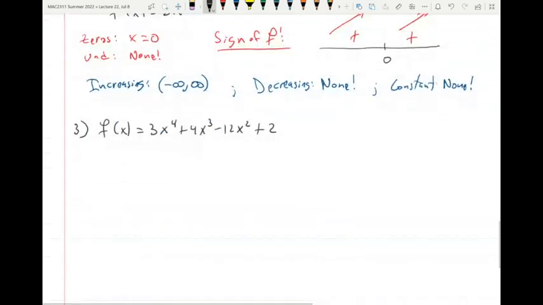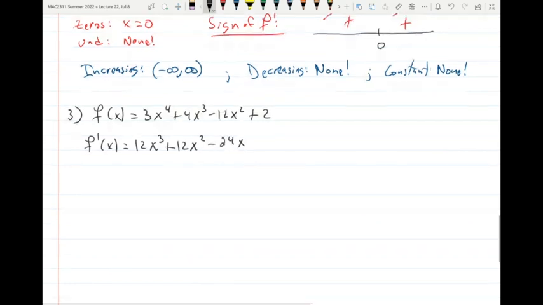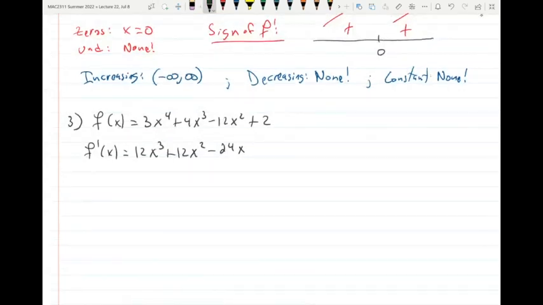Okay, so again, what we need to do is find the derivative. So that would be 12x cubed plus 12x squared minus 24x, and that's it. And now if you can, you should factor because that's going to make our life easier. So I can take out 12x.